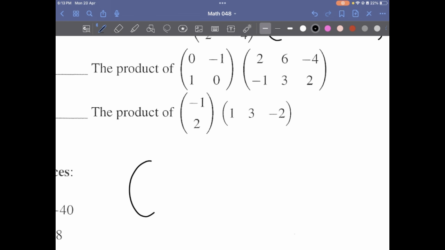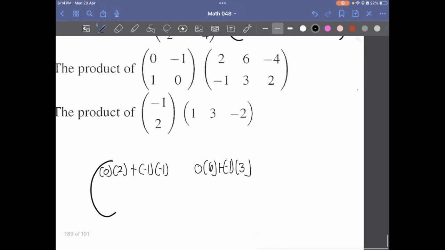this value would be, let's use this, 0 times 2 plus negative 1 times negative 1. Next one, 0 times 6 plus negative 1 times 3. Last one would be 0 times negative 4 plus negative 1 times 2.